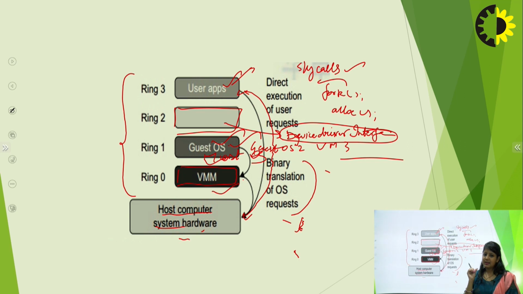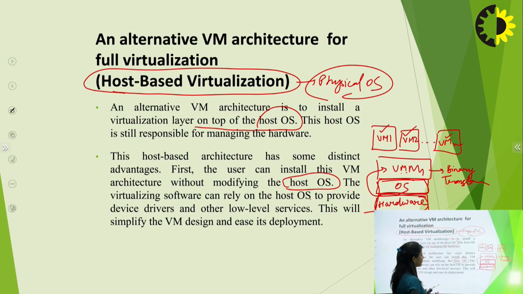So when we have the host OS and above it the guest operating system, if the user implements any system call or requests any system instruction, then the request is passed on to the host operating system. This host operating system provides the device driver and other low level services.